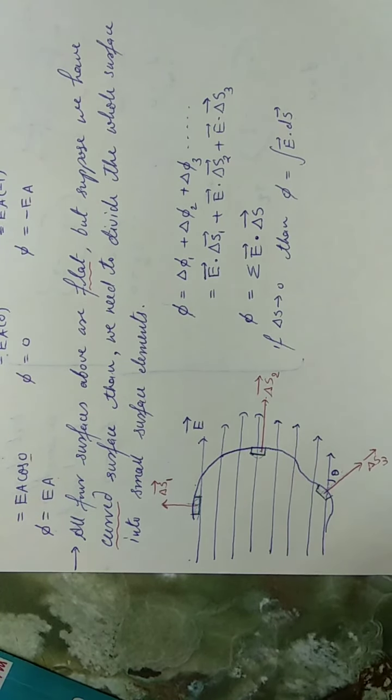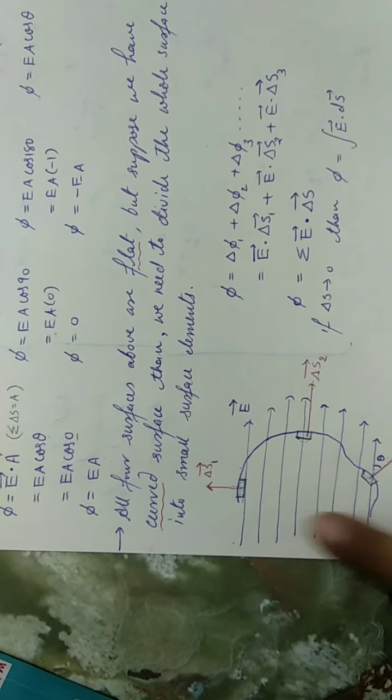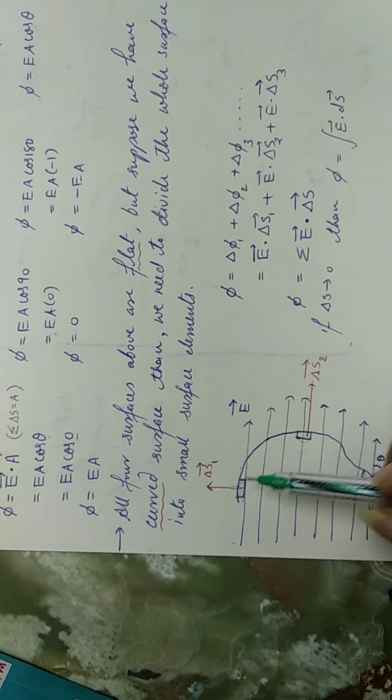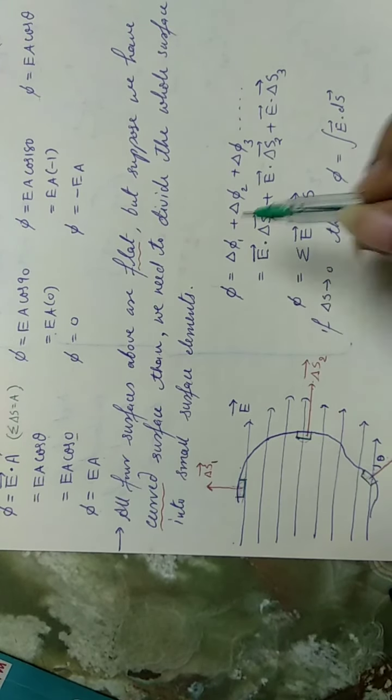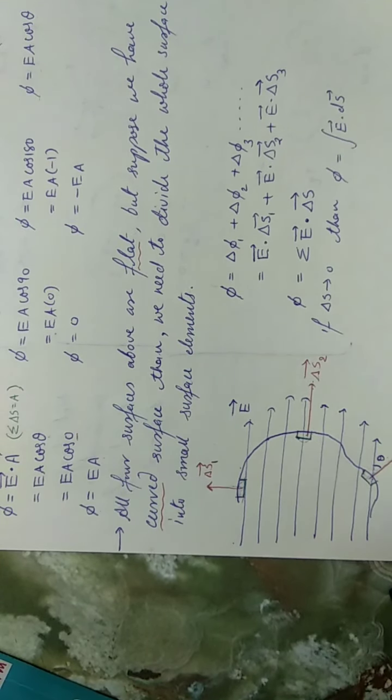So everywhere the flux is going to be different, and so you cannot calculate flux like this in case of a curved surface. You have to divide the curved surface into small area elements. Separately you will be calculating flux for all the small surfaces, and then to obtain the total flux you are going to add all the small fluxes which you have obtained throughout the region. So this way you can substitute the value; suppose here I am calculating flux 1.